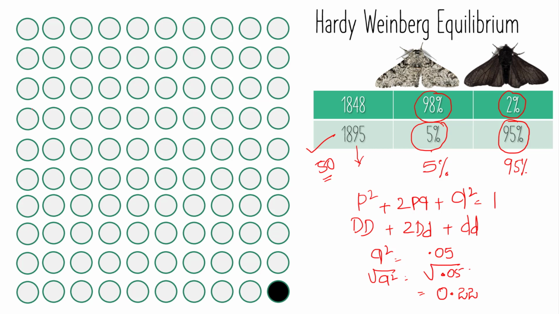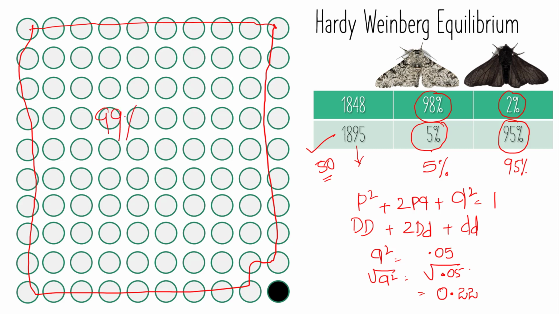So earlier we saw a situation where the light colored peppered moth allelic frequency was nearly 99%, and only 1% was the dark colored peppered moth frequency.